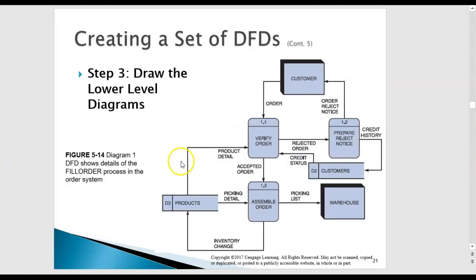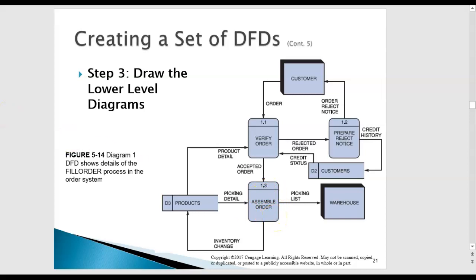So step 3 is where we take those sub-processes from earlier and we break them down even further or decompose them into simpler steps till we get to the most functional primitive of the system.